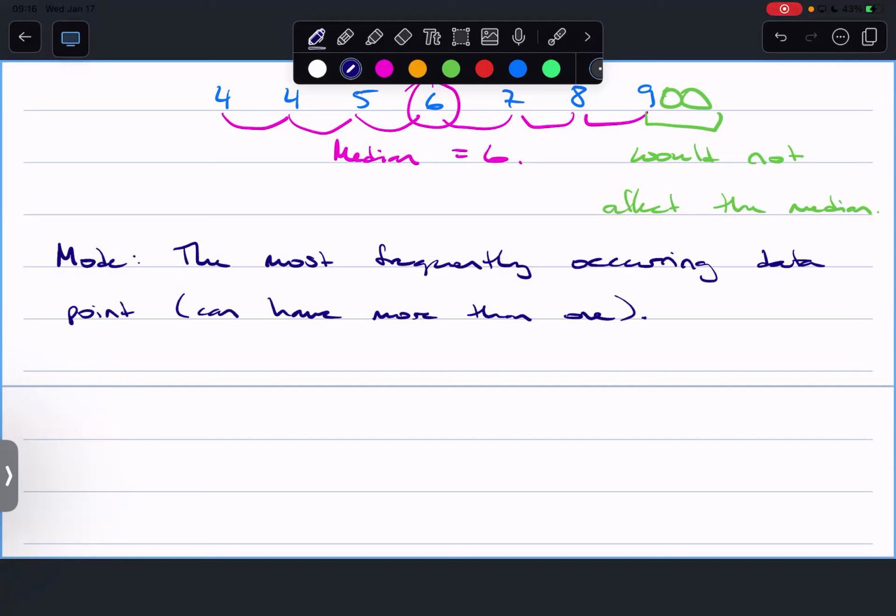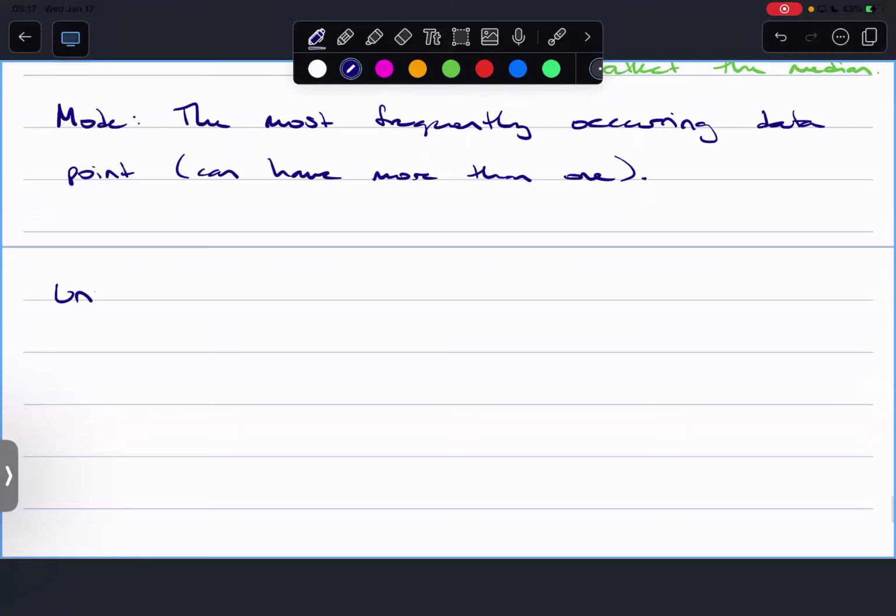It's not typically that useful, the mode, but we do use it to describe things like the distribution, right? The shape, we said it's unimodal because it has one peak, right? And so we talk about the modes in terms of the shape, right? And so we can have a unimodal distribution.